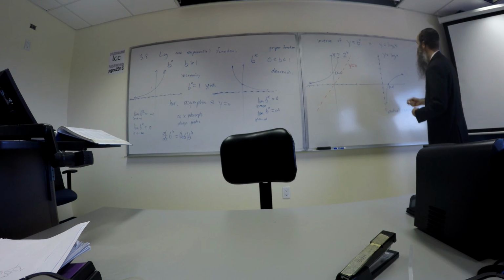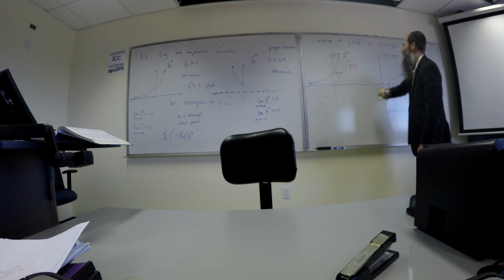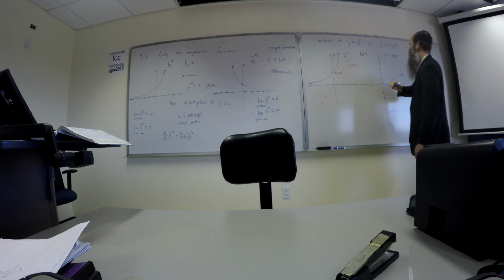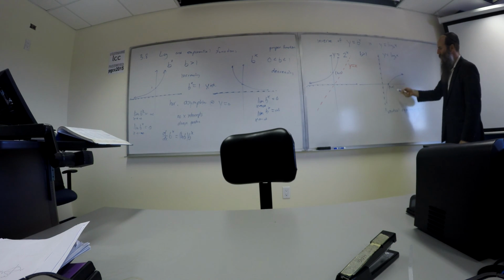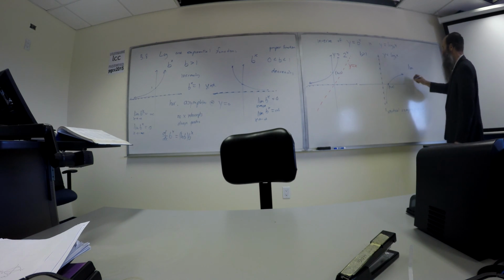So now, this is no different. This log base 2, coming from the 2 to the x, it wouldn't have mattered as long as b was greater than 1. So you're going to have this case, and this is the basic structure of the graph. So now the limit as x approaches infinity is heading towards what?